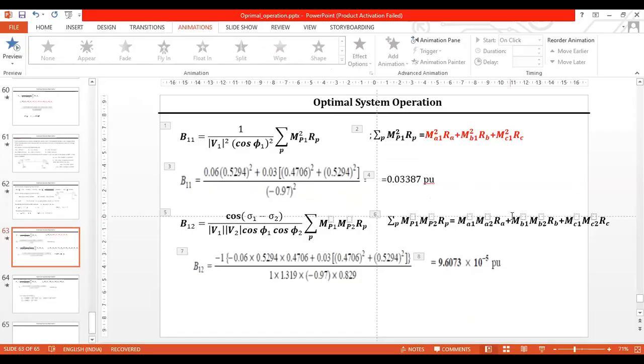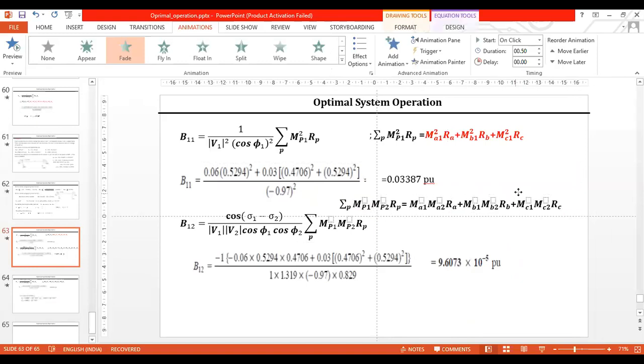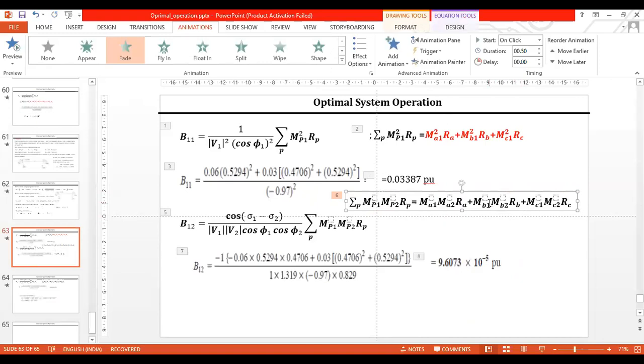Let me get that inside. Also, there is a correction here.